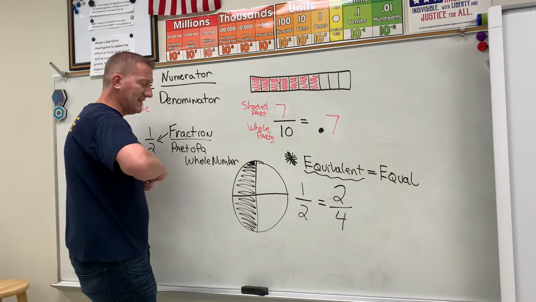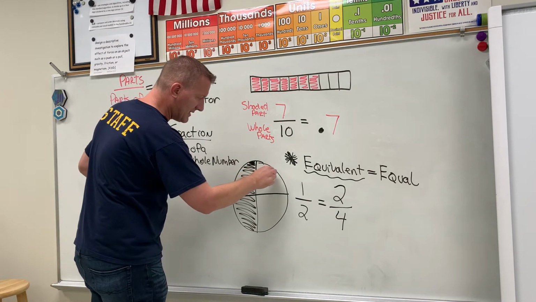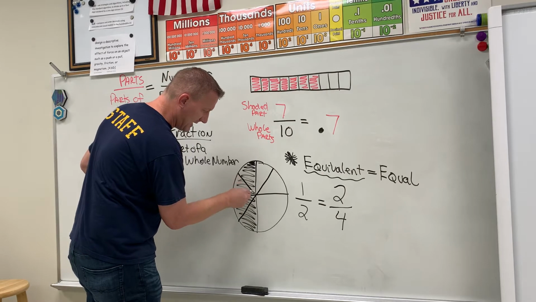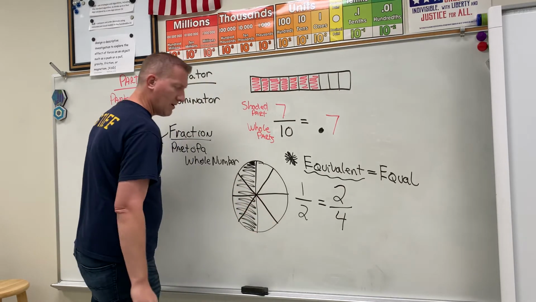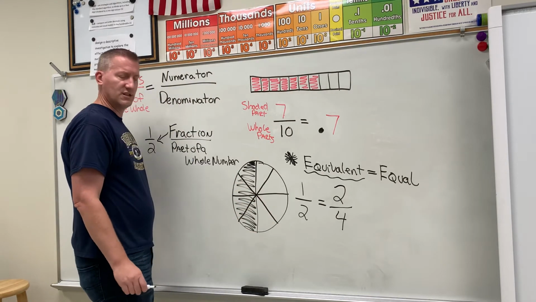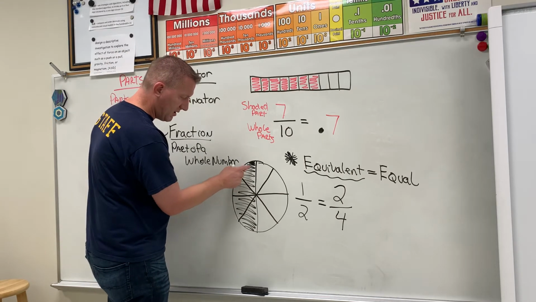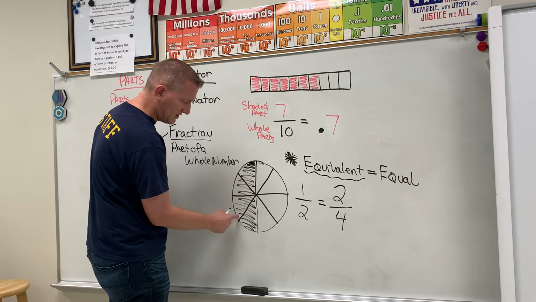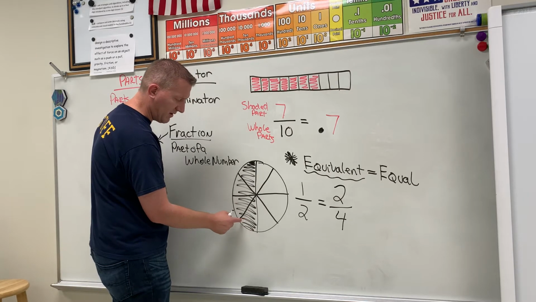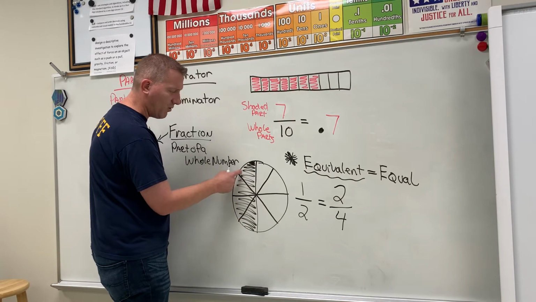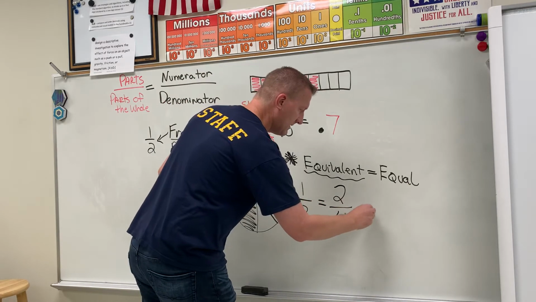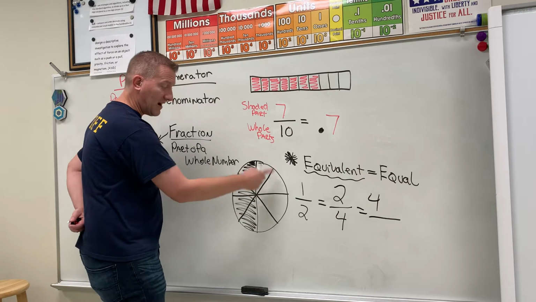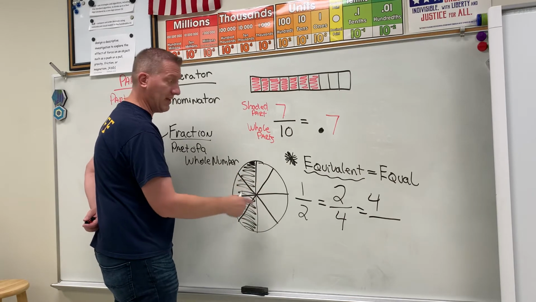Well, what if I split those in half again? What would that change our fraction to? Well, let's count. This part is still shaded, this part, this part, this part. So I have 1, 2, 3, 4 shaded parts. I have 4 shaded parts out of how many in the whole thing?